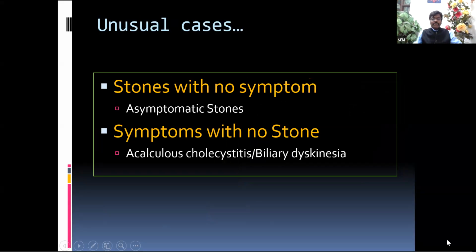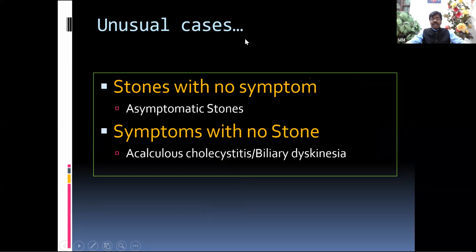Okay, so you get so much information from your ultrasound, CT, and another important investigation is MRCP. I'll tell you in a minute. Before that, I'll explain two unusual conditions you have to understand at this stage. What are the unusual conditions? I told you already, when patients have gallstones, they develop biliary colic.